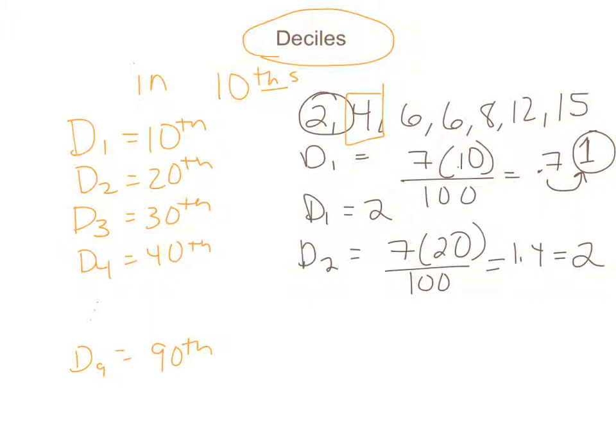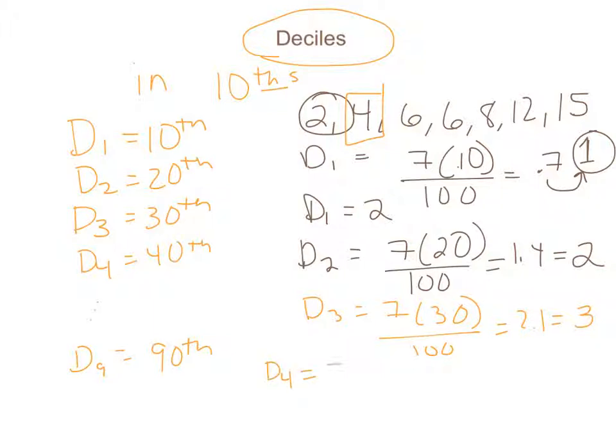Like, there aren't 10 numbers here, right? So there'll be a point where 7 times 3, for example, is 2.1, which is round up to the third whole number.